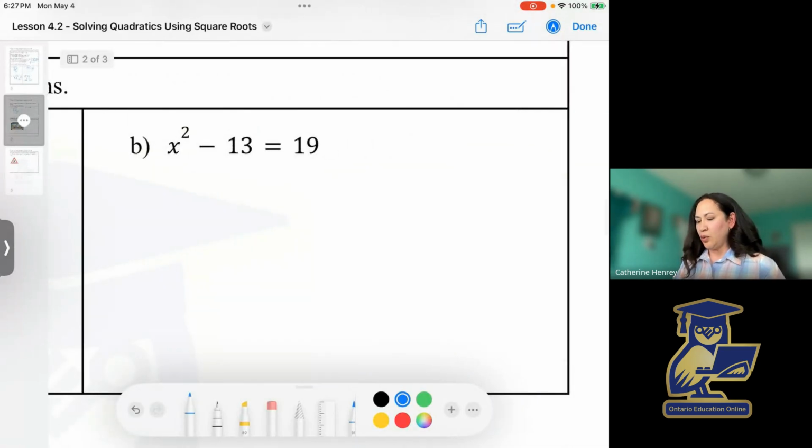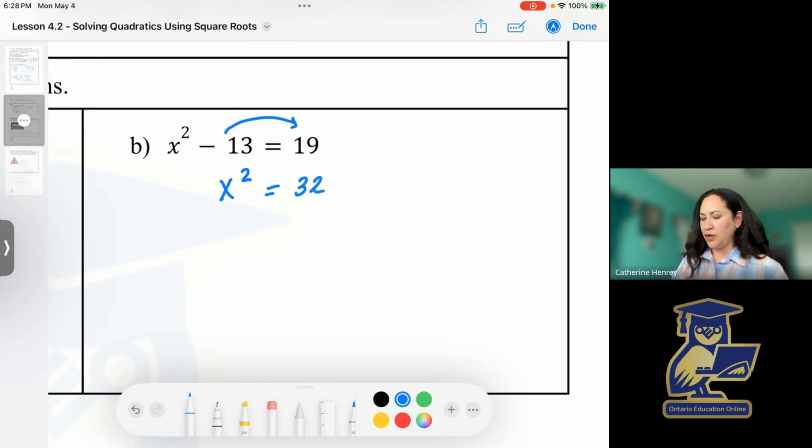So in this example, again, we'll move that negative 13 over. We'll get x squared is equal to 32, I believe. If we take the square root of both sides, we'll have x on the left. We'll have plus or minus the square root of 32, which will split into 16 and 2.